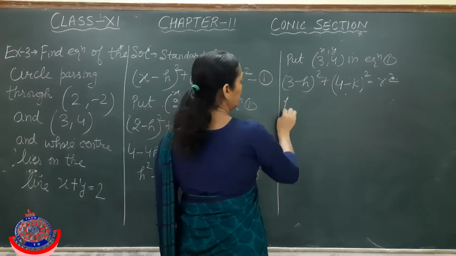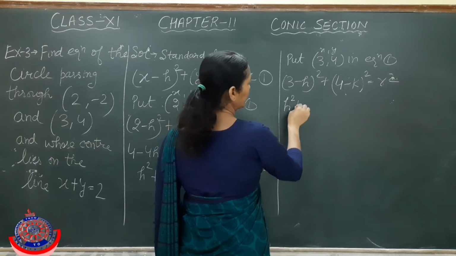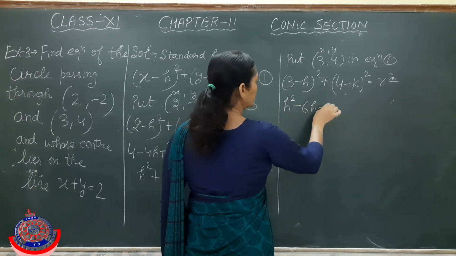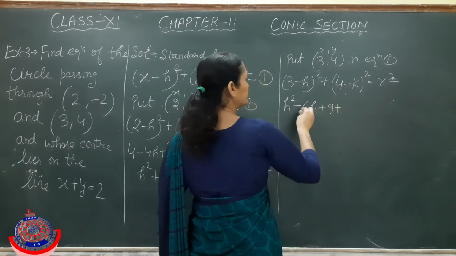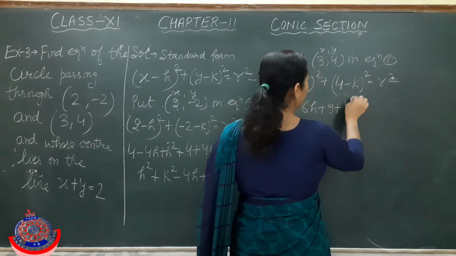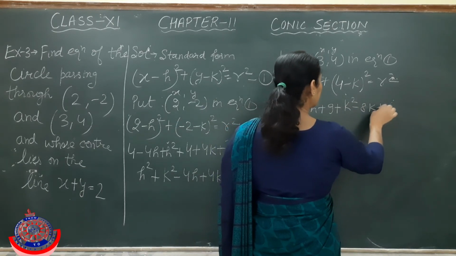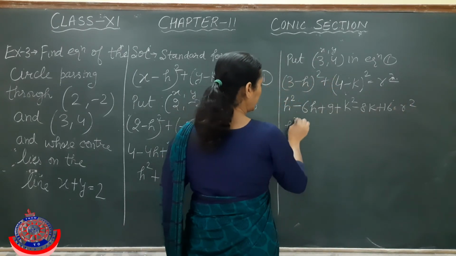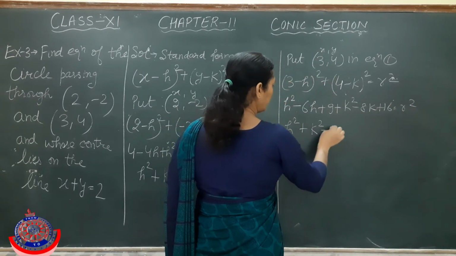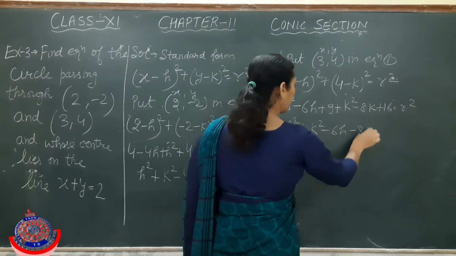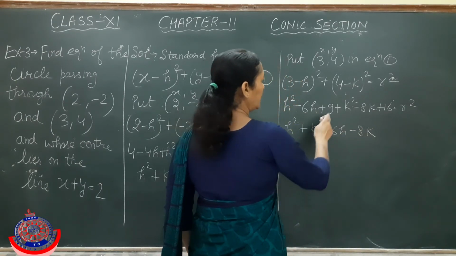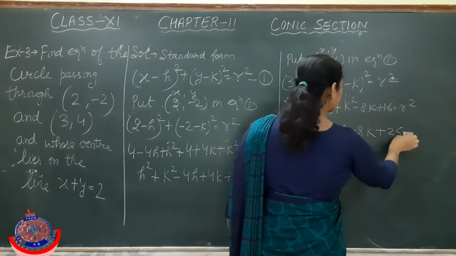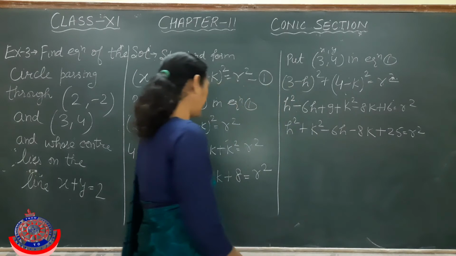So we will be having h square minus 6h plus 9, k square minus 8k plus 16 equal to r square. So h square plus k square minus 6h minus 8k, 9 and 16, 25 is equal to r square.